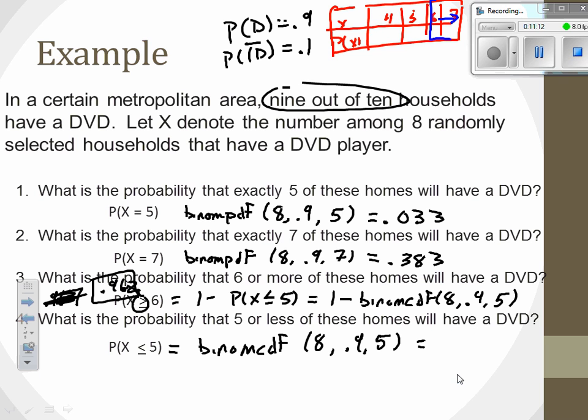Apologies. So here, if I can get back to it, binomial CDF, 0.038. I realize that because 3 and 4 are closely related, they both use that binomial CDF 8, comma 0.9, 5, and somehow those weren't adding up.